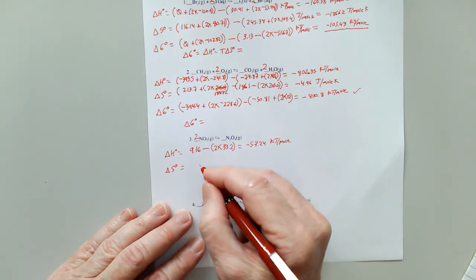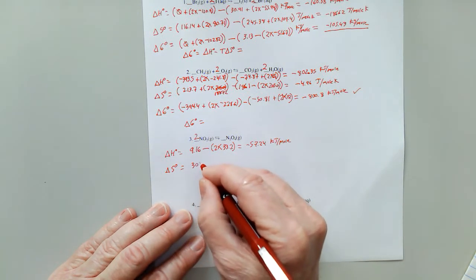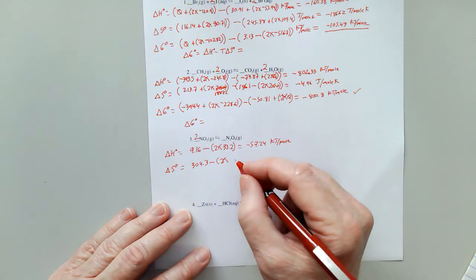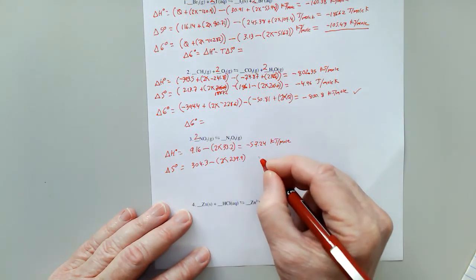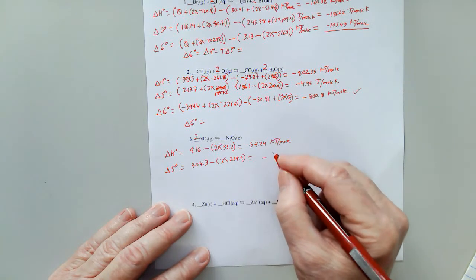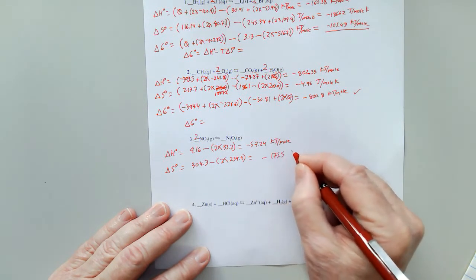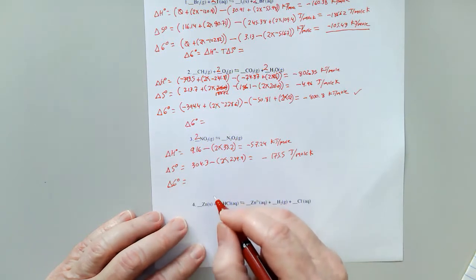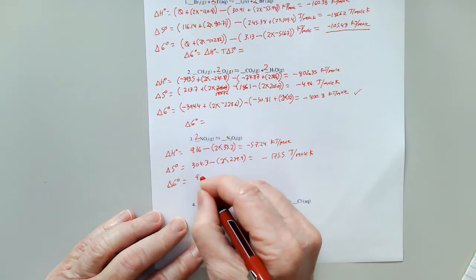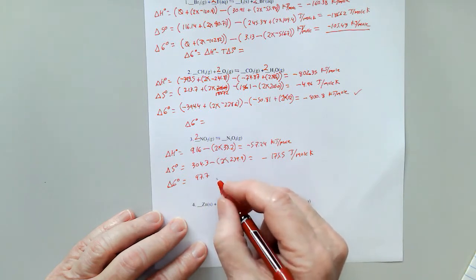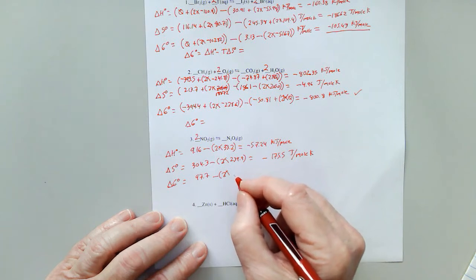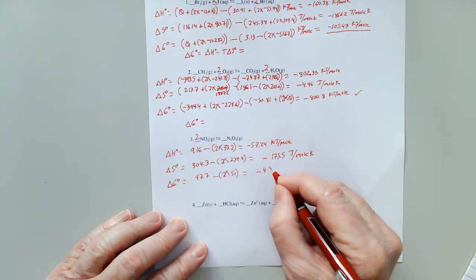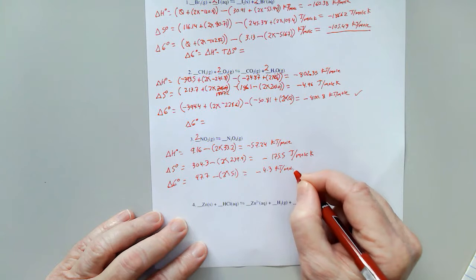Delta S naught, okay, I have 304.3 minus 2 times 239.9 equals, and I get negative 175.5, but that is joules per mole K. Delta G naught equals, and then I have 97.7 for the N2O4 minus 2 times 51 for the NO2, and that equals negative 4.3 kilojoules per mole.